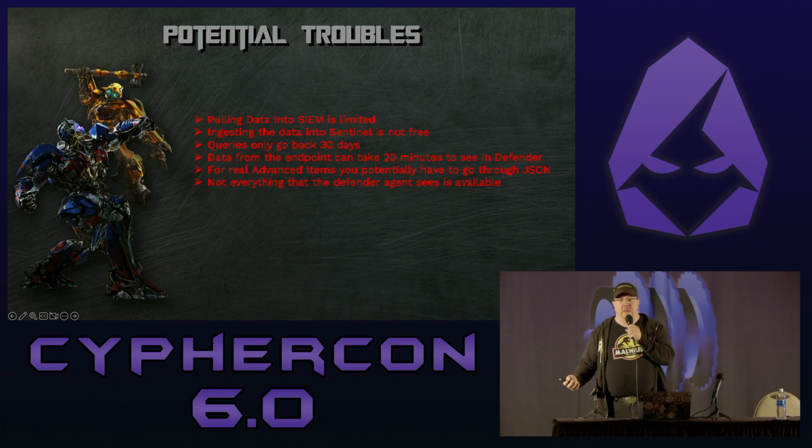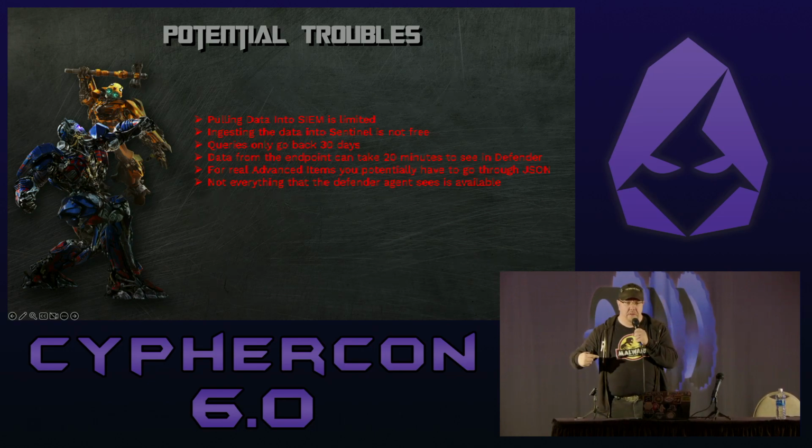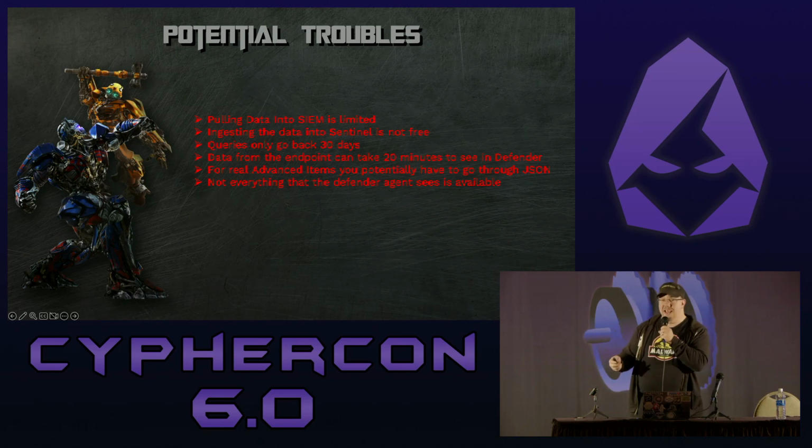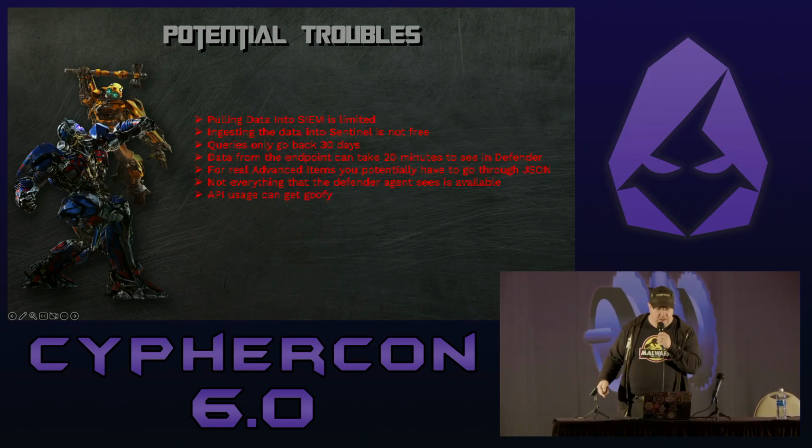I had a great idea of searching for specific Windows API calls that are used to unhook Defender itself, et cetera. And when I was talking with Microsoft, they were like, yeah, most people don't want that data, and we need to keep our stuff compact. So not everything that the agent sees is actually transmitted up.